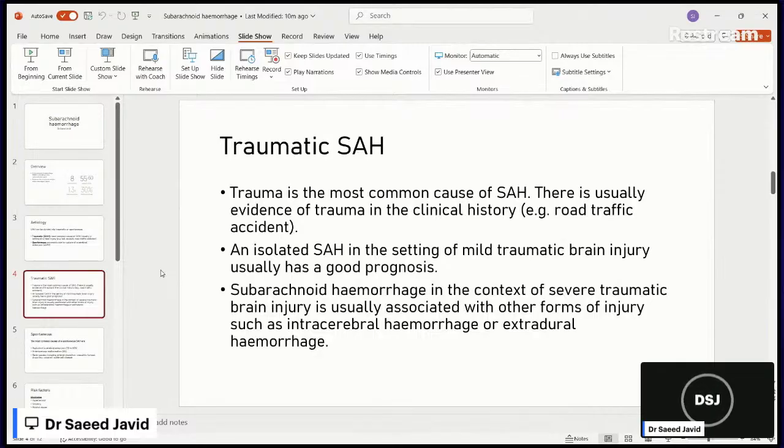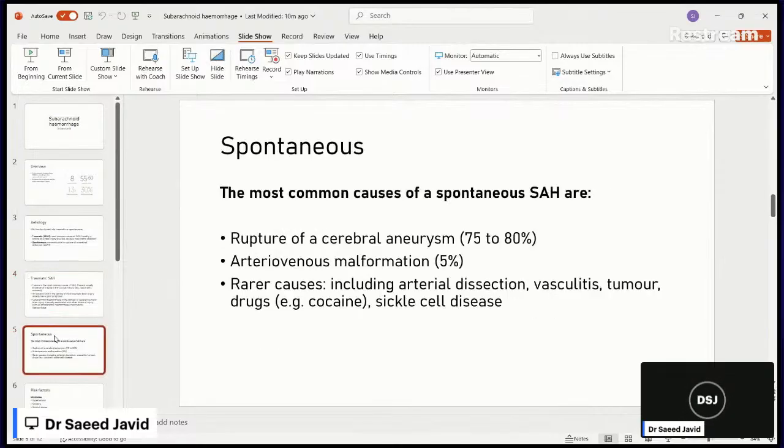Oftentimes I've seen people come into A&E with a mild subarachnoid hemorrhage, even from trauma, and usually they can have a better prognosis, let's say. But obviously it is a spectrum, and there are patients right on the other end of the spectrum who have other associated, like I mentioned, intracerebral or extradural hemorrhage, and they oftentimes can have really poor prognostic outcomes.